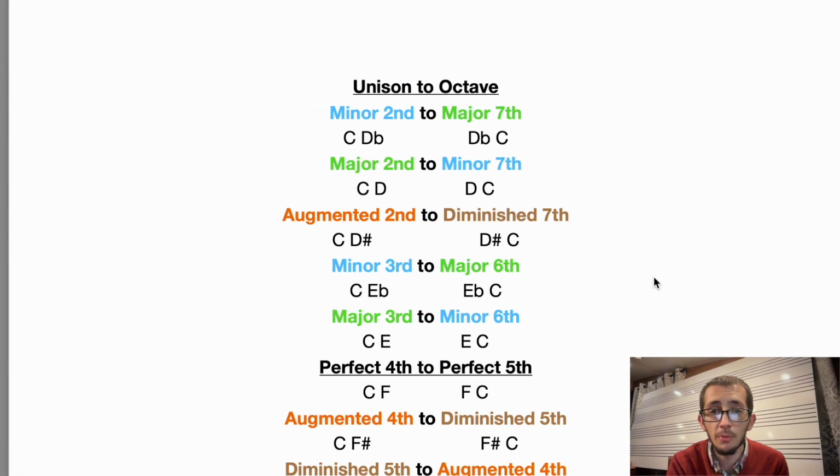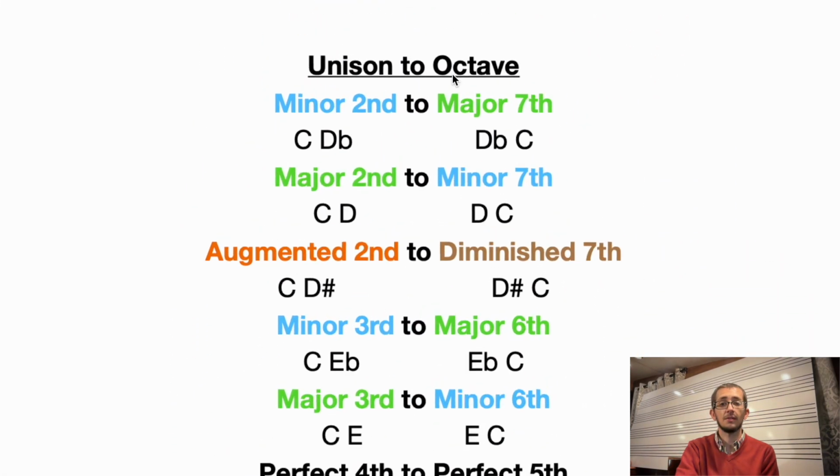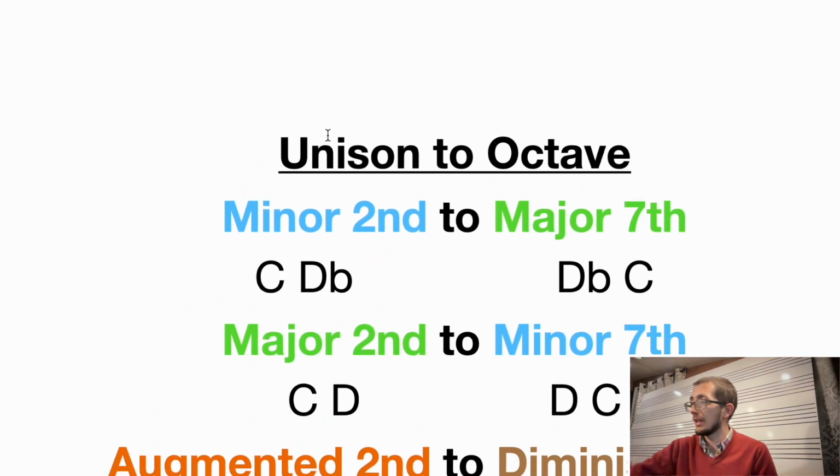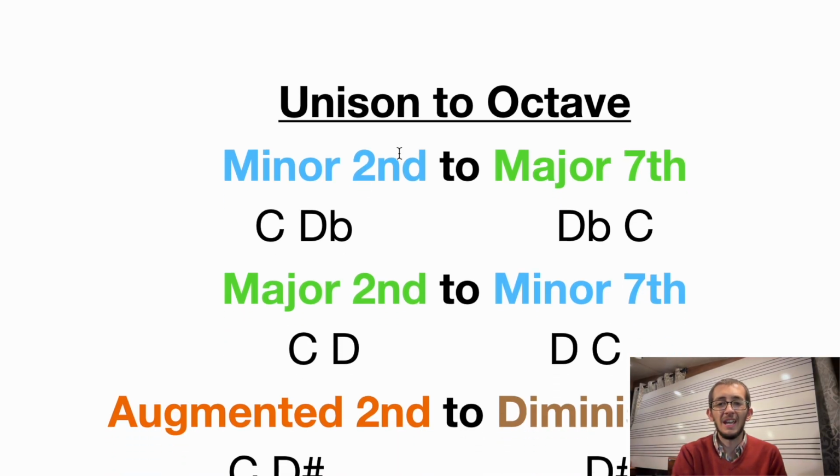And it works the same way with octaves and unisons. So a unison, if we remember, is just C to C. But let's take one of those C's and raise it up an octave. Now we have an octave. And this also adds up to 9 because an octave is 8 and the unison is 1 because it's just one letter name.